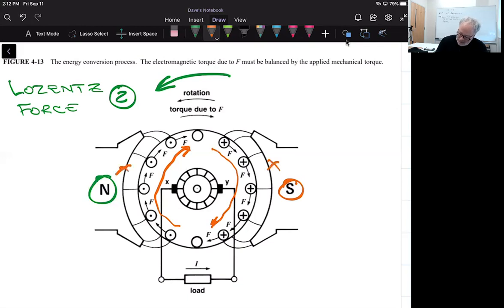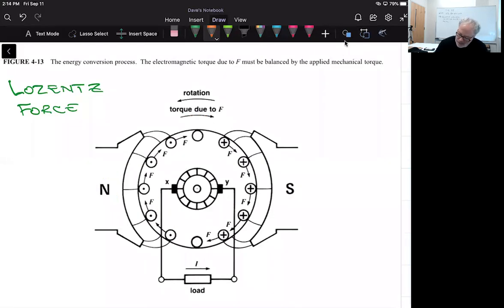But when we look at that in total, we see that those forces are additive in that they're all going in the same direction. And there's a torque that's created due to these Lorentz forces. So we want to think about that in terms of this energy conversion process.